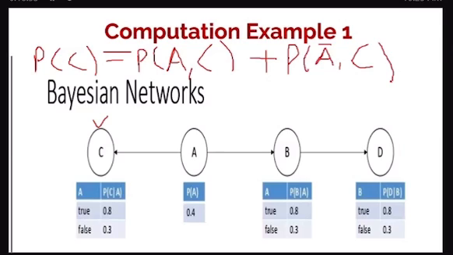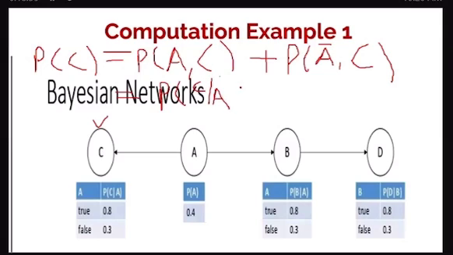Now, what do we want to do now? Take a look at that. A comma C means A intersection C, the probability of the joint of A and C. Now, this is going to be written as the probability of C given A. Don't forget, C comes from A, right?